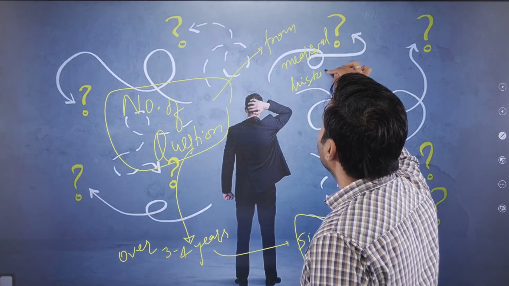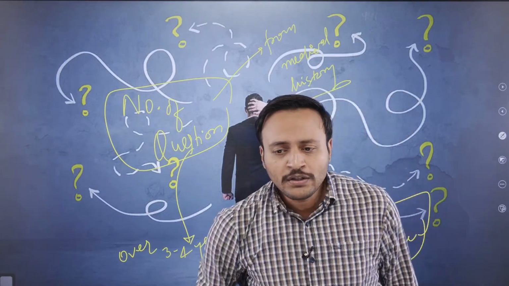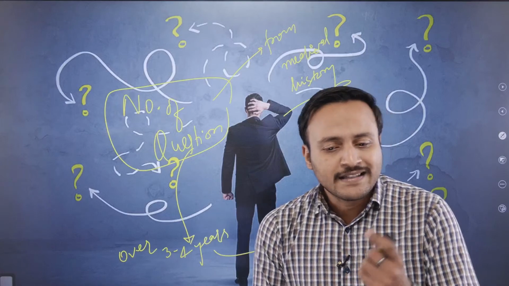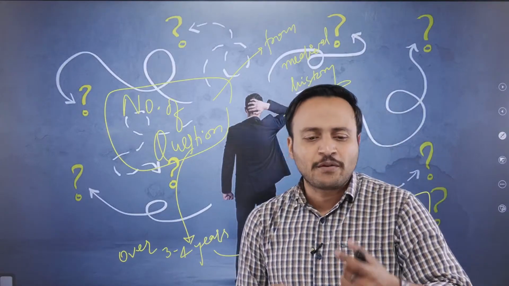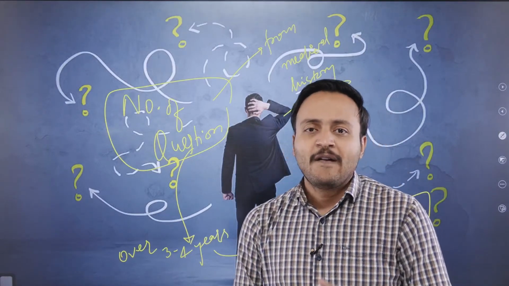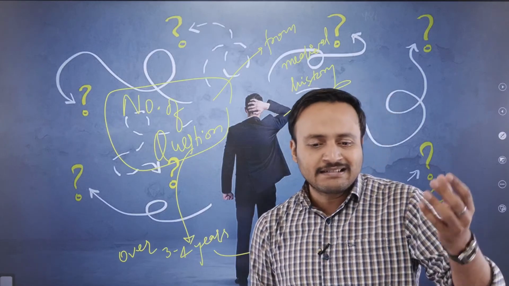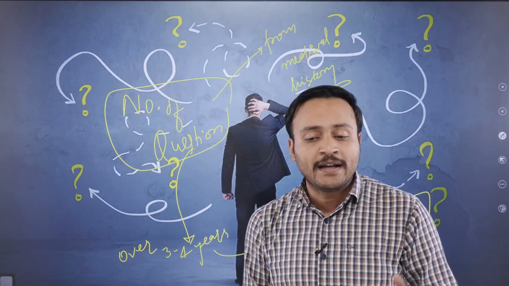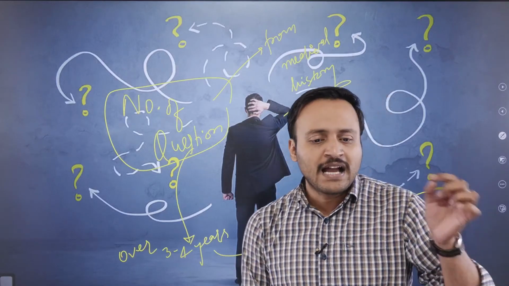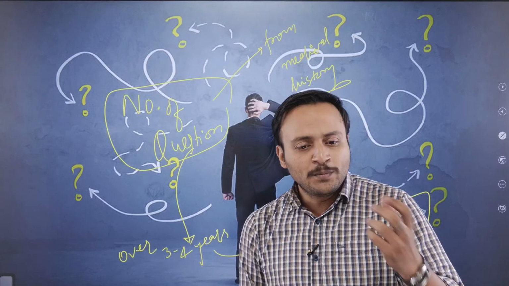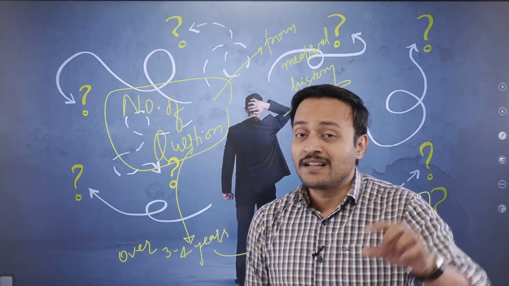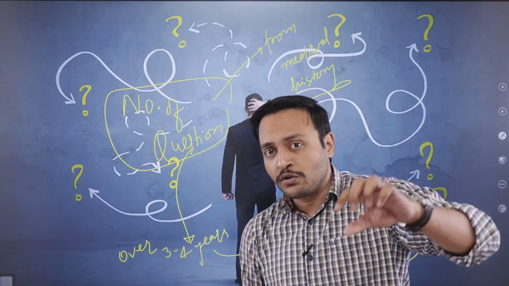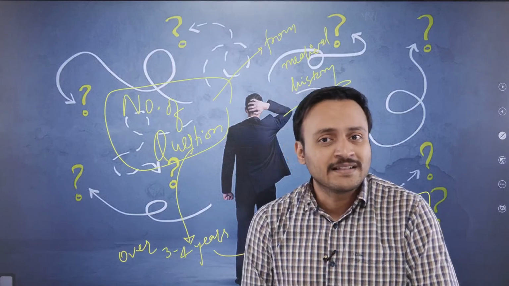Not only that, if we consider the chronological sequences, some of you might be thinking that we don't need to remember the date lines or the timelines of the rulers in the medieval period. Guys, let me tell you that in the last 3 to 4 years, the UPSC is asking questions related to chronological comparison.